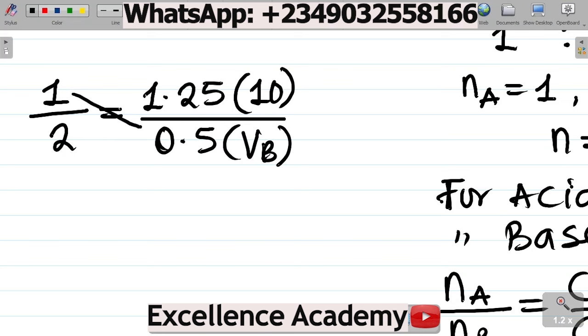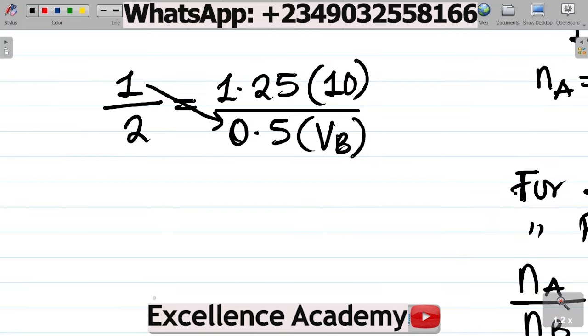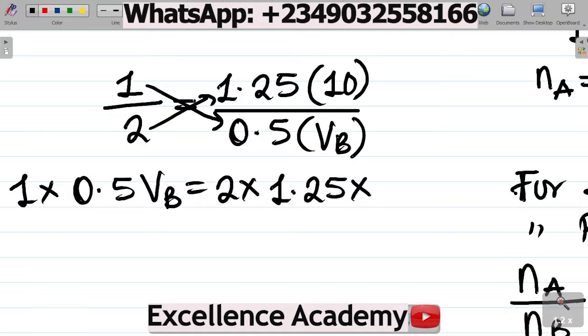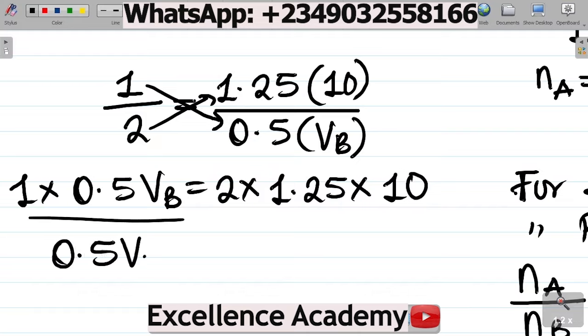Let's cross multiply: 1 times 0.5 Vb is equal to 2 times 1.25 times 10. So 0.5 Vb is equal to 25.